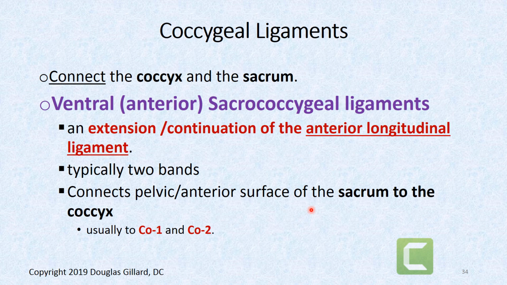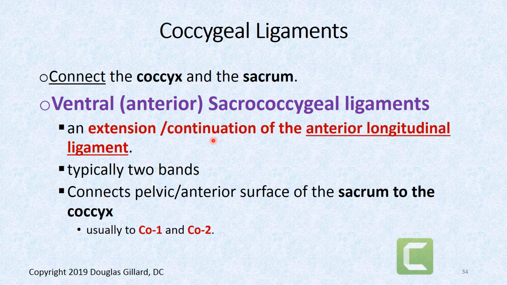All right, are we done? Nope, not quite yet. We didn't do the ligaments. So the coccygeal ligaments are always important. We looked at them, but let's officially cover them. There's an anterior, a posterior, and a lateral sacrococcygeal ligament set. The anterior or ventral ones are an extension of the anterior longitudinal ligament.